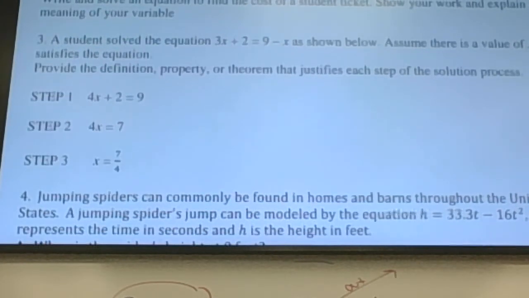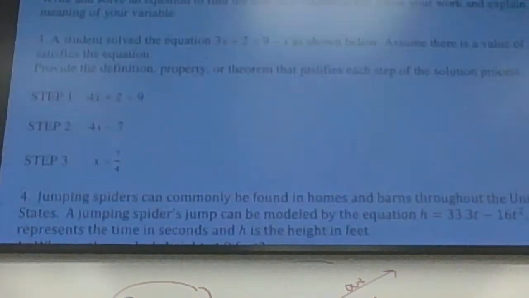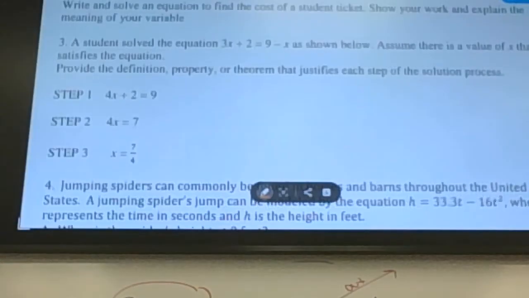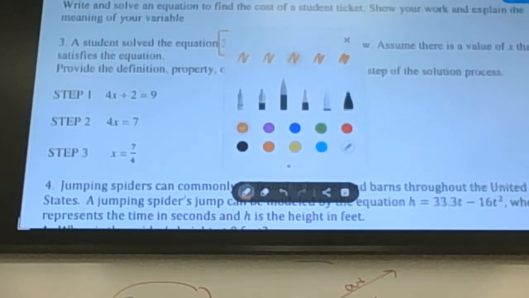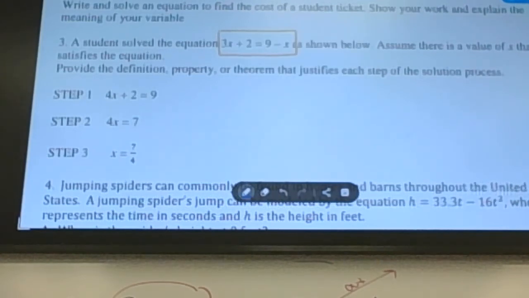Oh, wow. Do you see the problem up there? Up here, the first step was to add x to both sides. Show that. Yeah, that last one's just answer. Step 2 is the answer.